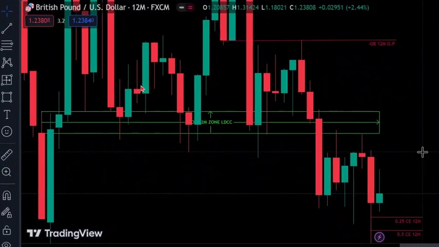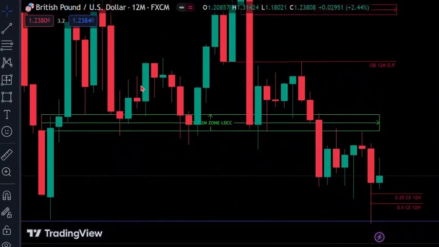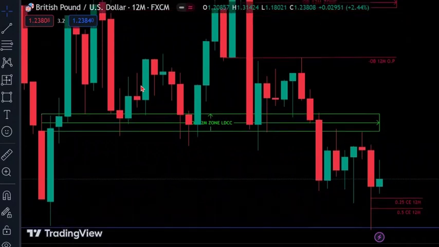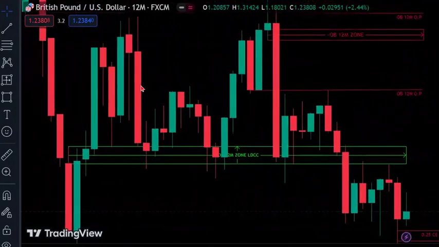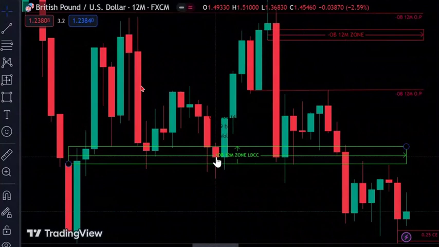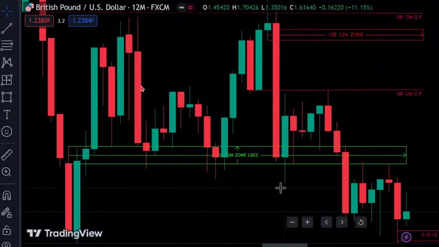Also, we have a bearish breaker right here. Where's the bearish breaker at? Hold on. This is the 12-month chart, so we probably need to go down to a lower time frame. Zoom out, because I think we're about to go down to the 6 month. I just want to show you about that break and retest stuff. It's real serious. Zoom all the way out.